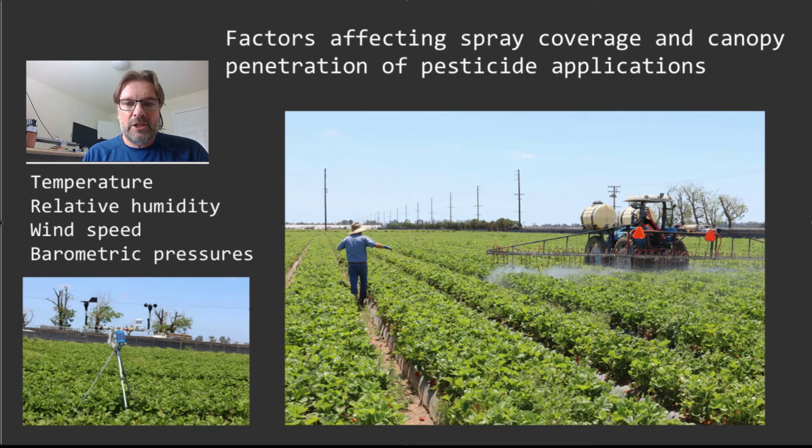So we had a weather station here collecting temperature, relative humidity, wind speed, and barometric pressure during all of these sprays. So water sensitive spray cards had been placed out in these fields, and we then tested different nozzles and could drive the spray rig at different speeds, and therefore get lots and lots of data.